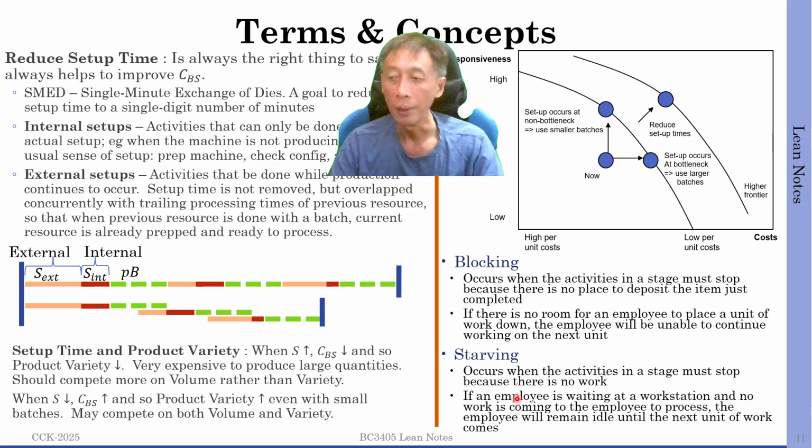Then of course nothing will come out, and everything downstream will be starved. So basically the process also has to stop. The two situations, blocking and starving, will choke the process and stop it. Starving occurs when activities must stop because there's no work; the employee is waiting for the upstream to finish processing.